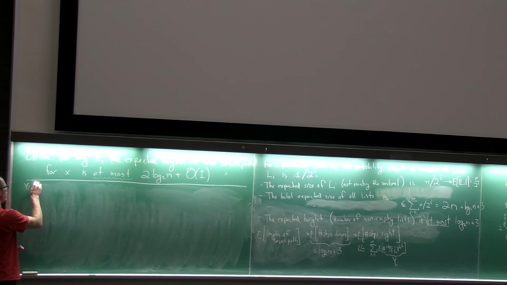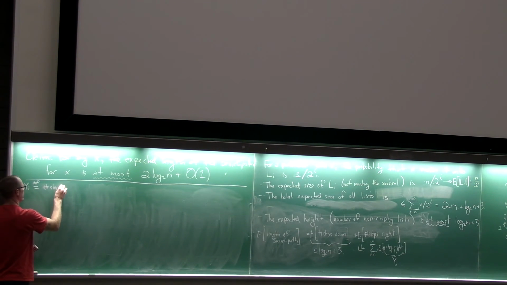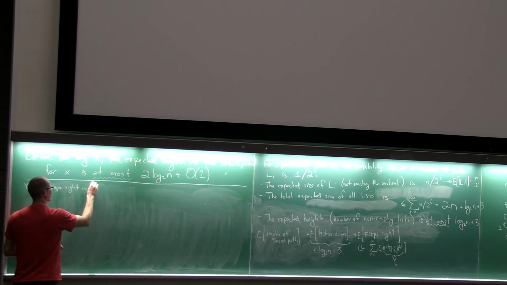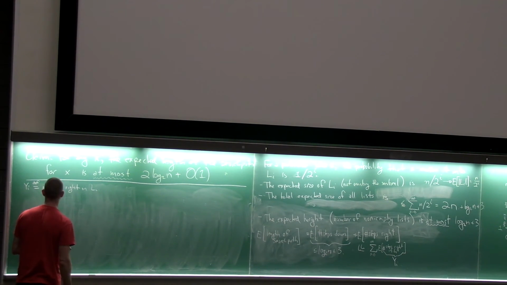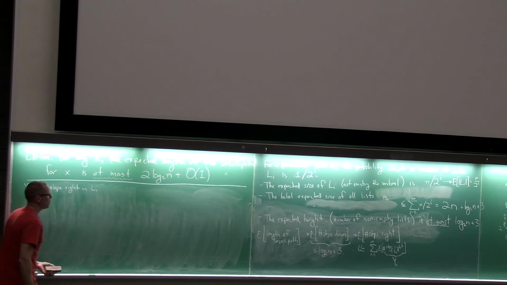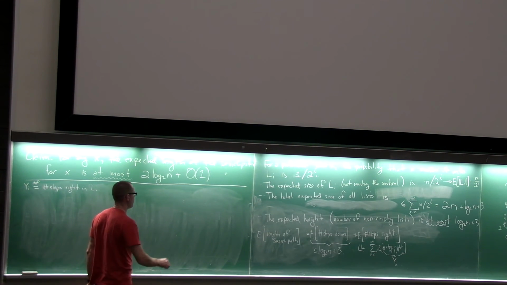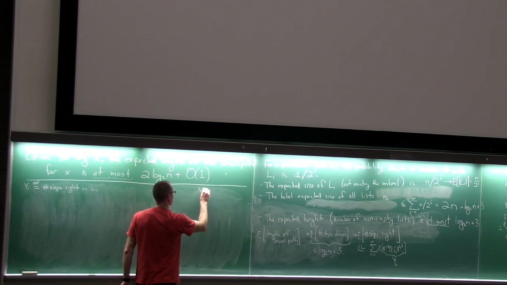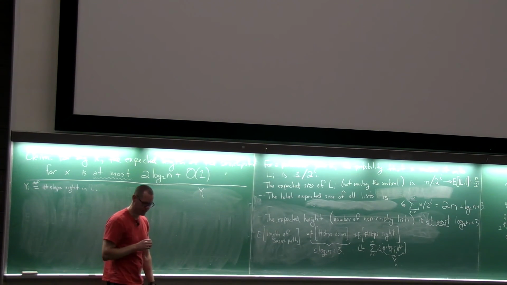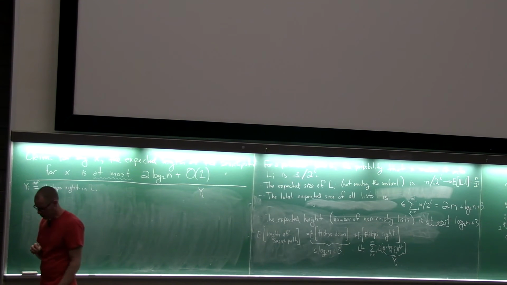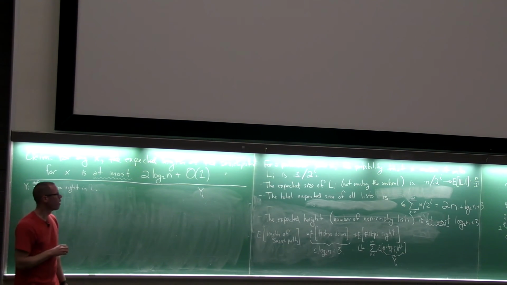Yi we've defined as the number of steps that the search path takes to the right in this list. So we want to make some inequalities on Yi. So what's a trivial inequality for Yi?